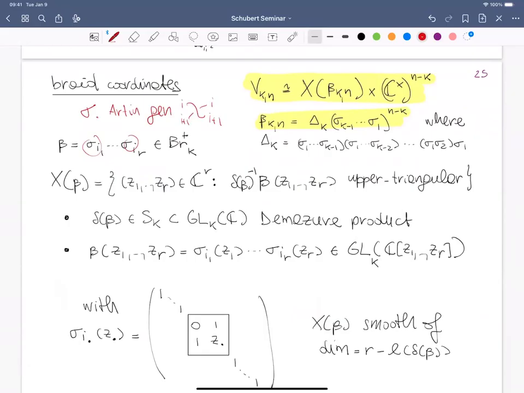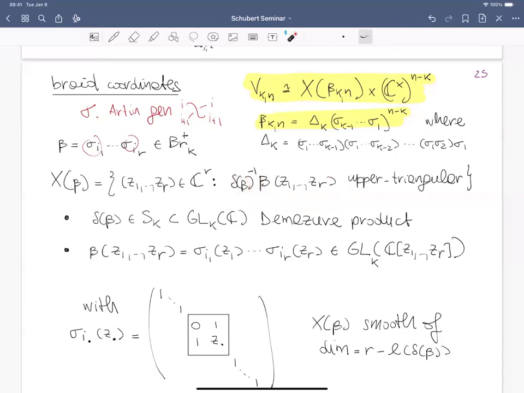So there are certain varieties associated to positive braid words, and they're defined like this. Let's say you have a word of length r, then you look at tuples z1 through zr in C to the r that satisfy the following: the Demazure product of beta inverse times beta(z1,...,zr) is upper triangular.